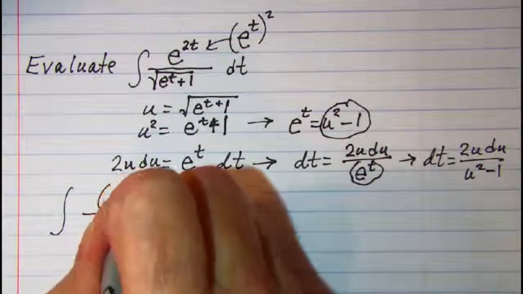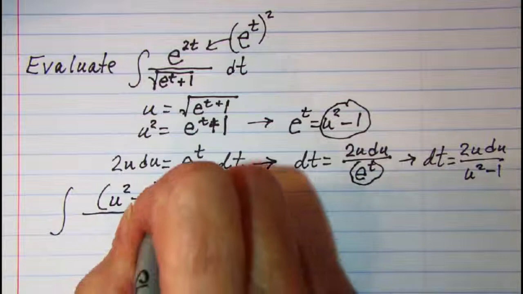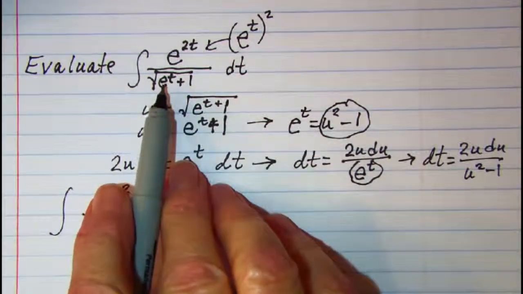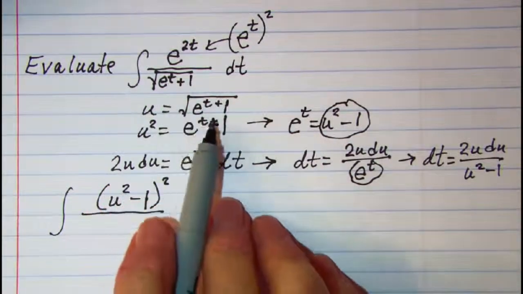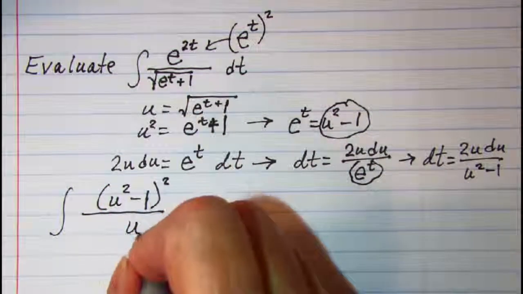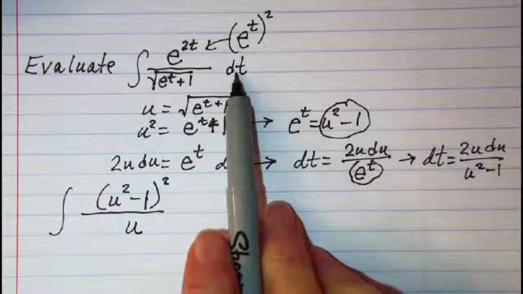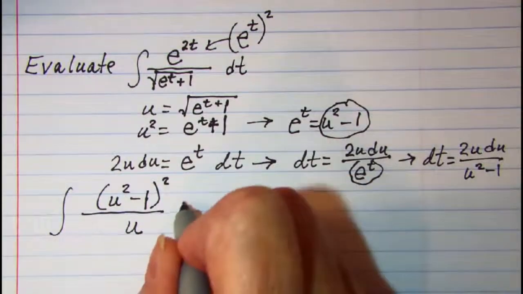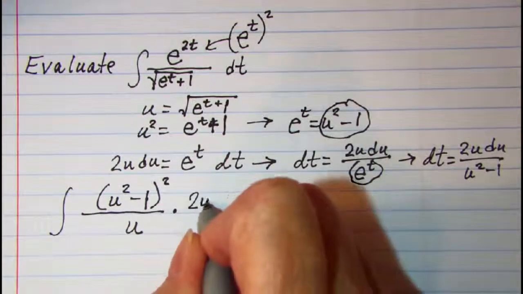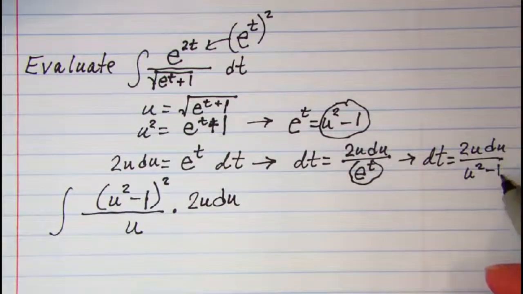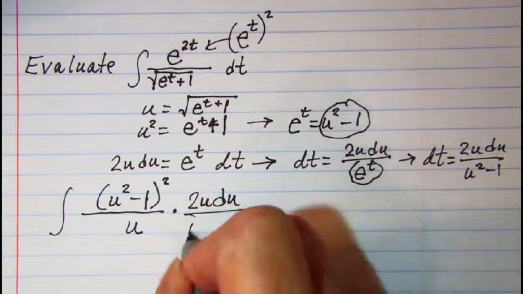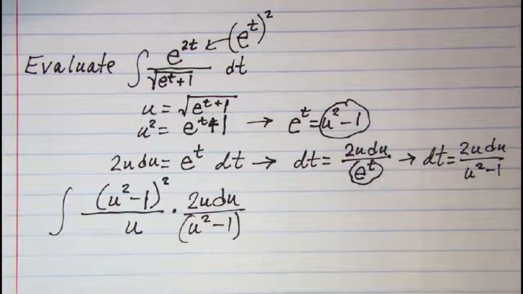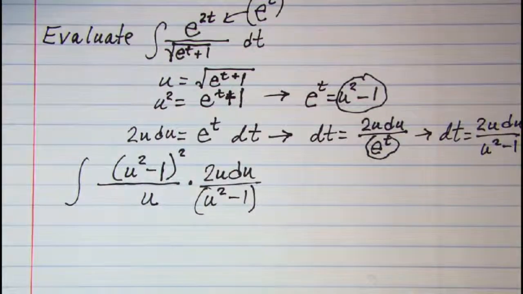So u squared minus 1 squared. And then in the denominator, square root of e to the t plus 1, that's just u. And then in place of dt, I'm going to write 2u du over u squared minus 1. Put that in parentheses.